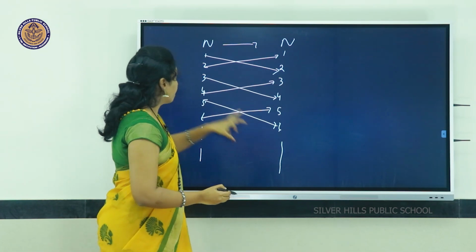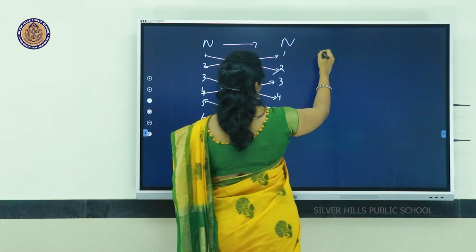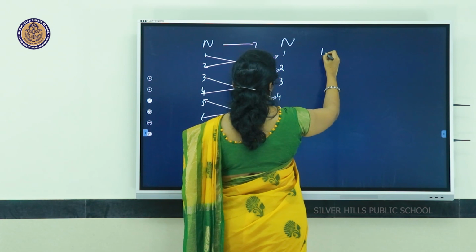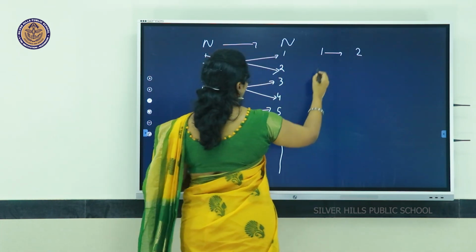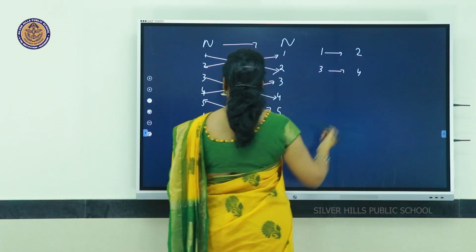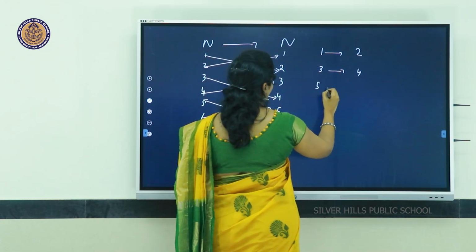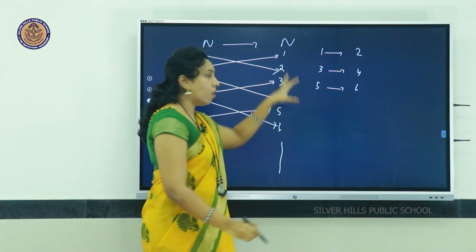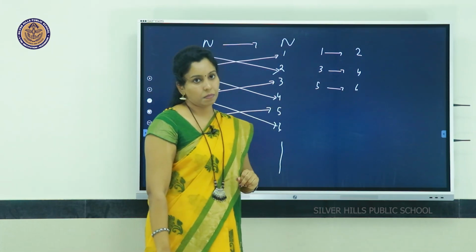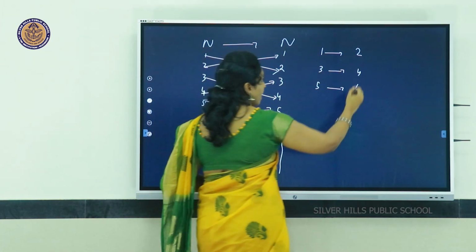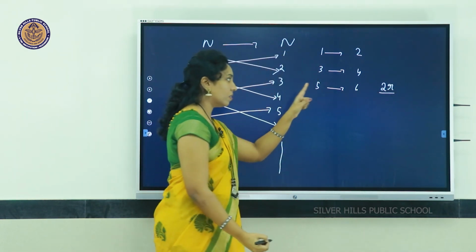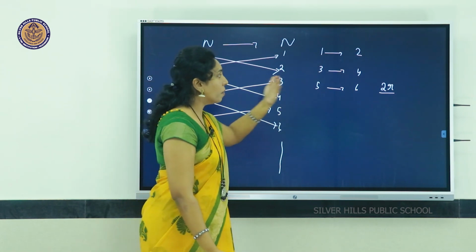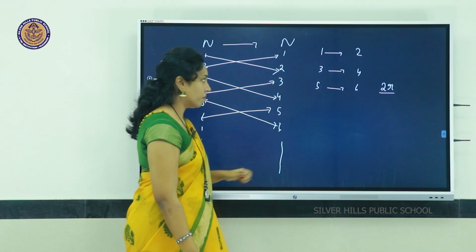Look at this side. If I take odd numbers separately, 1 is going to 2, 3 goes to 4 and 5 goes to 6. All odds are going to even numbers. So if I take a general even number 2r on the right side, what will be the pre-image of that?